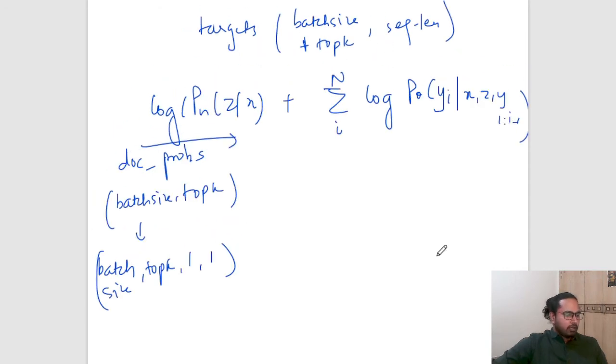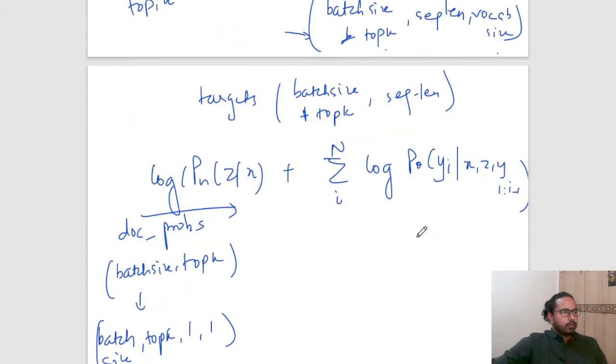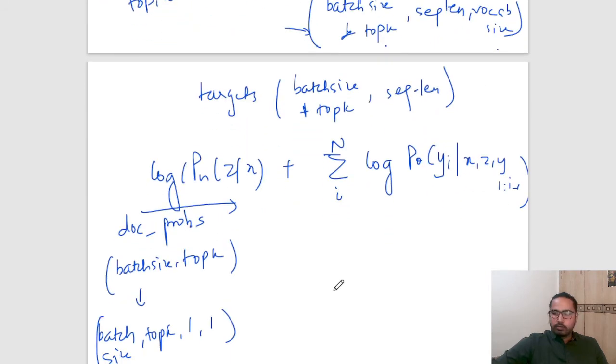All right. And here, as we remember, our logits are of this shape, right? So what we do is we reshape them this way, so they become batch size, top K, sequence length, and vocab size.